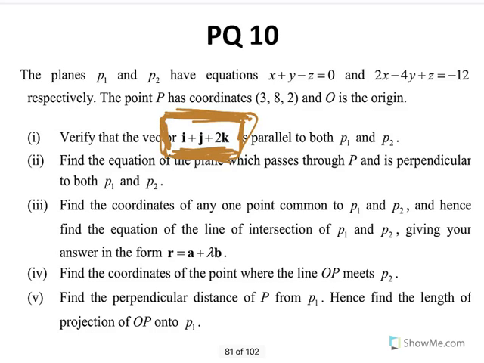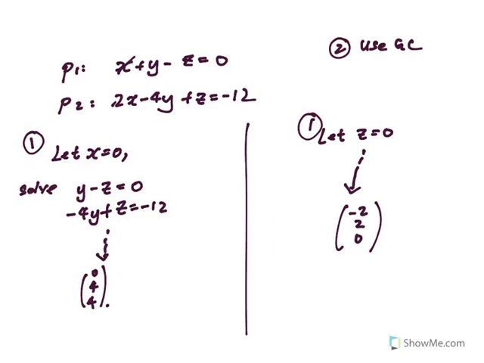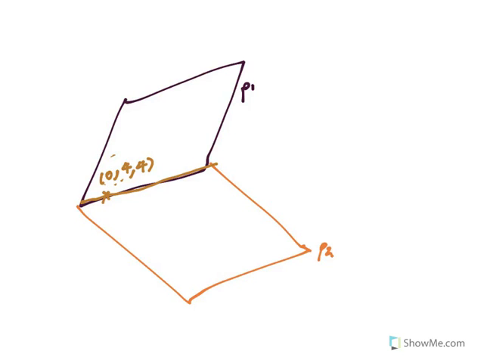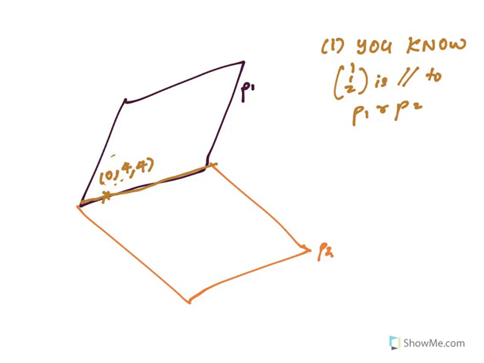It's parallel to the plane. So you see, quickly, because in part 1, you know that (1, 1, 2) is parallel to plane 1 and plane 2.